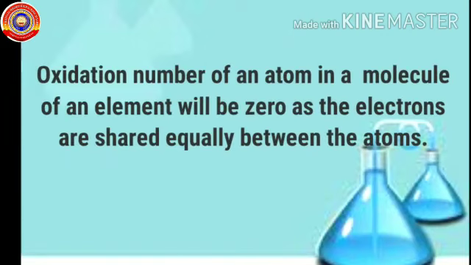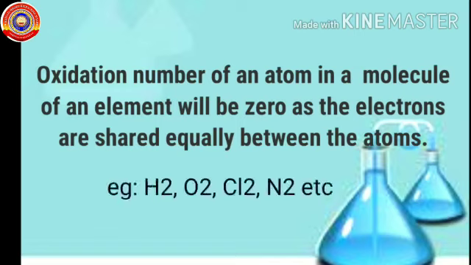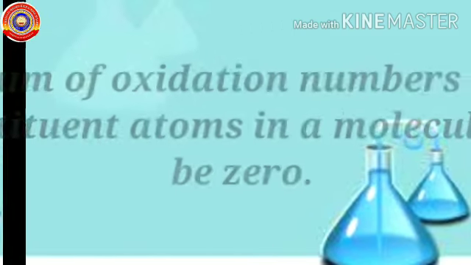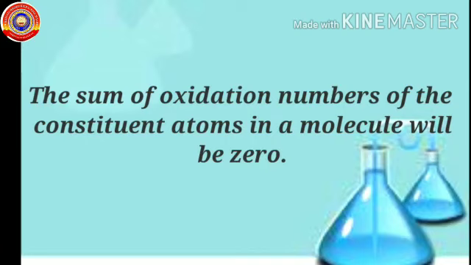The oxidation number of an atom in a molecule of an element will be 0 as the electrons are shared equally between the atoms. For example, hydrogen, oxygen, chlorine, nitrogen, etc. The next important rule is that the sum of oxidation numbers of the constituent atoms in a molecule will be 0.